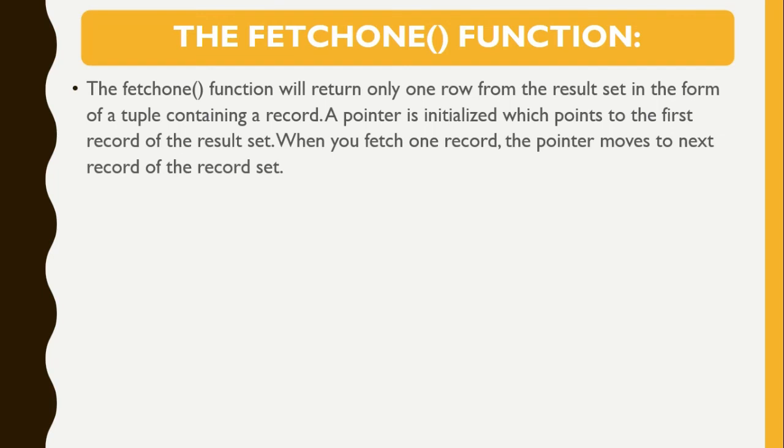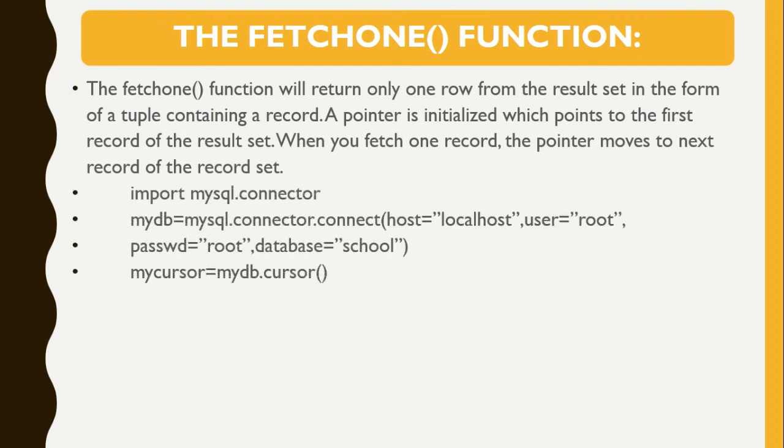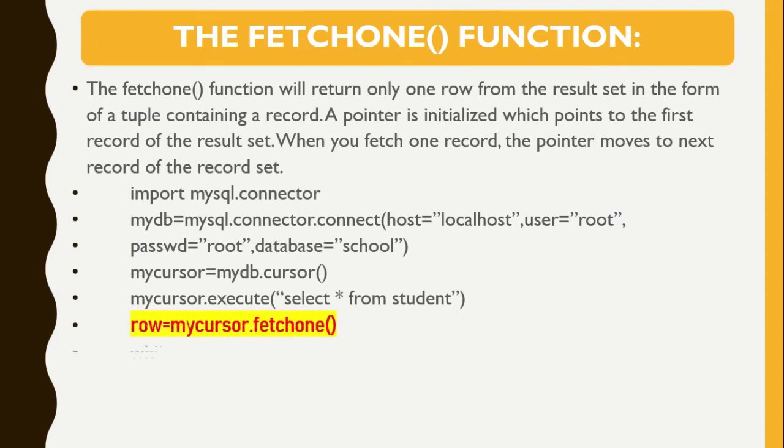A pointer is initialized which points to the first record of the result set. When you fetch one record, the pointer moves to the next record of the record set. Now the procedure is exactly the same.